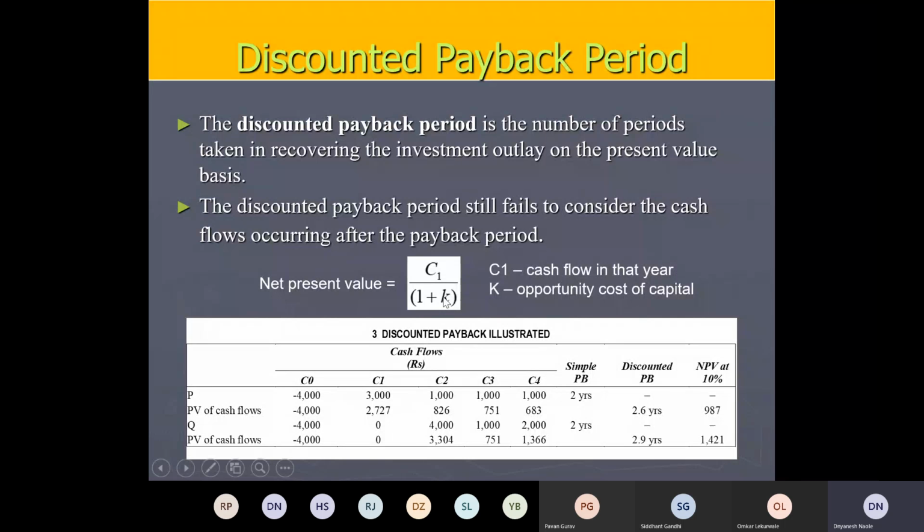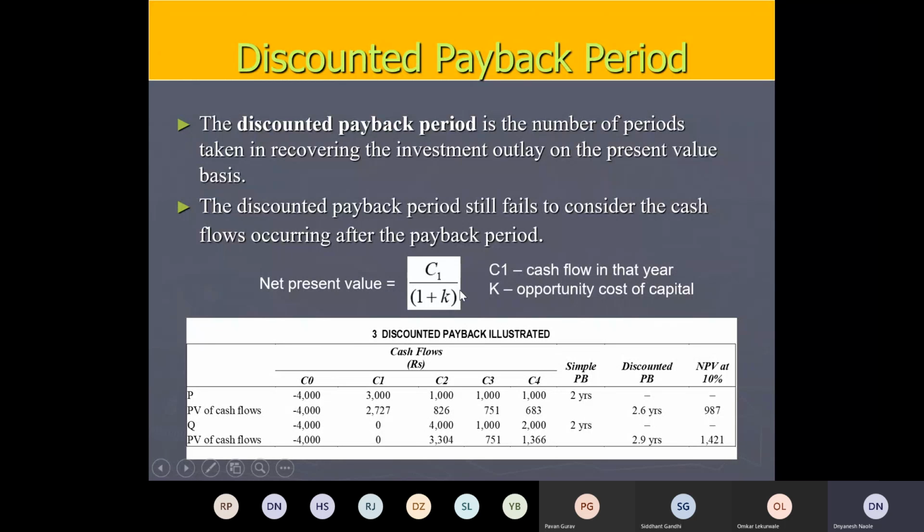Okay, so the opportunity cost of capital is 10%. So 3,000 divided by 1 plus 0.1, that is 3,000 upon 1.1. Since it is in the first year, there is no power here. When it is the second year, it will be 1 plus K raised to the power 2.